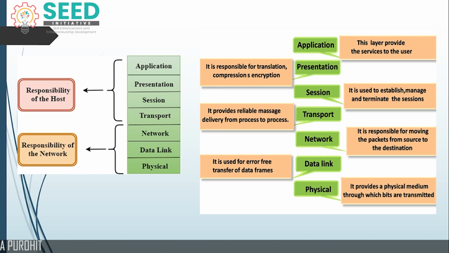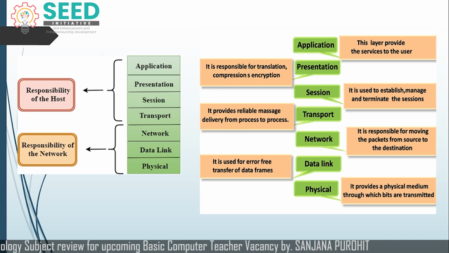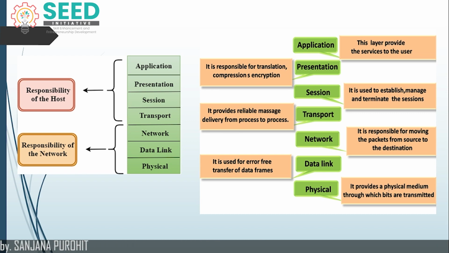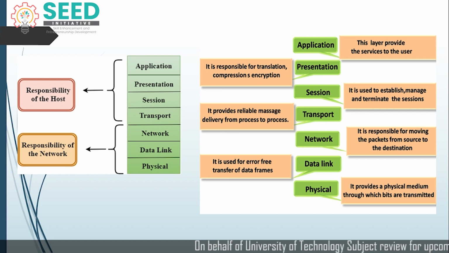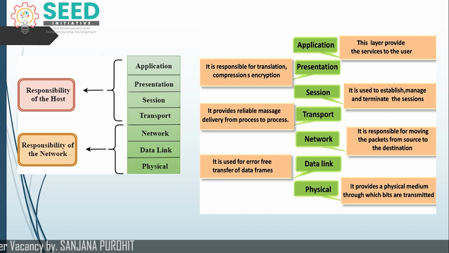Bottom 3 layers are the responsibility of the network, and the top 4 layers are the responsibilities of the host. In the second diagram, some responsibilities and tasks of each layer are given.